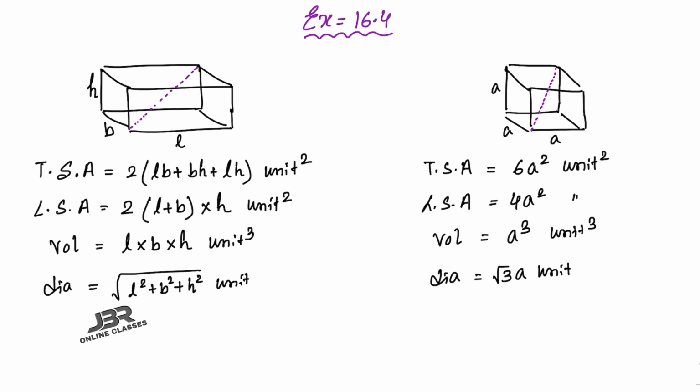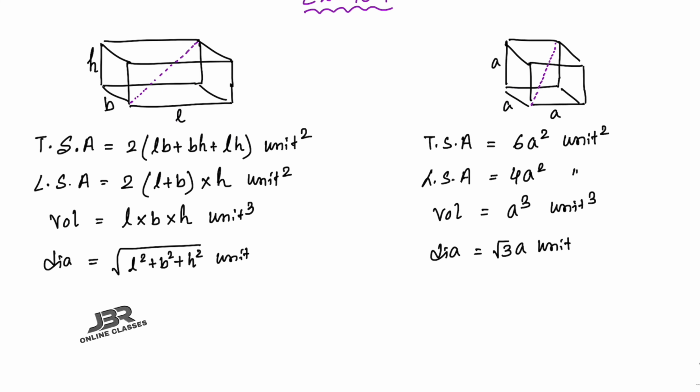So now let's start exercise 16.4. The first problem, sum number 1. Find the surface area and the volume of a cube whose one edge is 7 centimeter. So here a equals 7 centimeter.